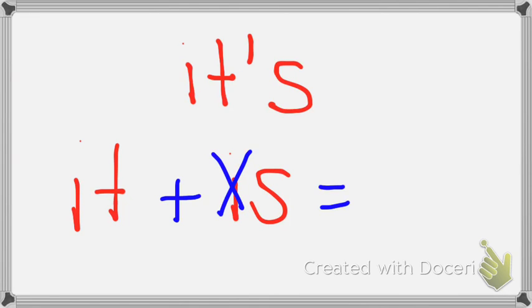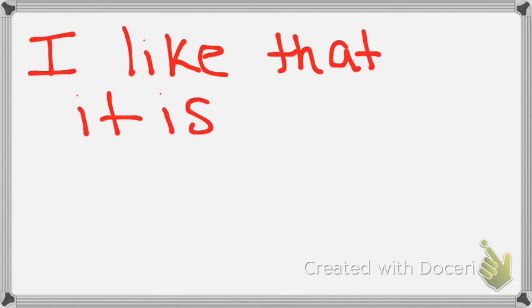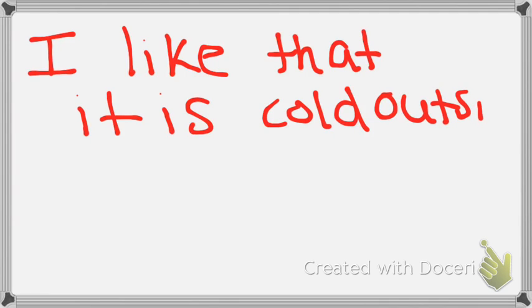So instead of saying in a sentence, I like that it is cold outside, I would say I like that it's cold outside. So let me show you an example. I like that it is cold outside. Oops, I almost ran out of space. Period right there somewhere.